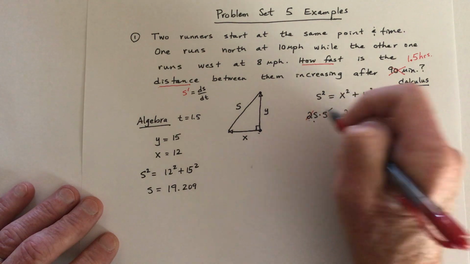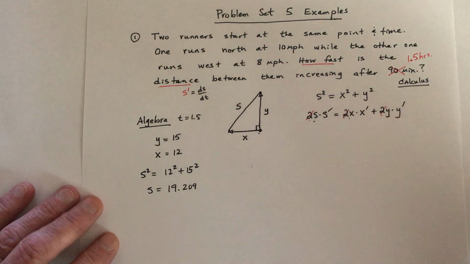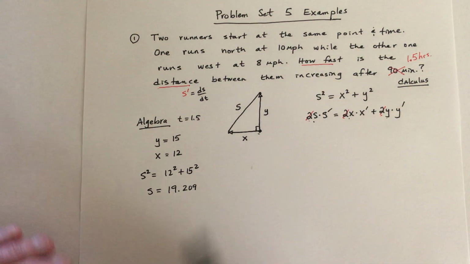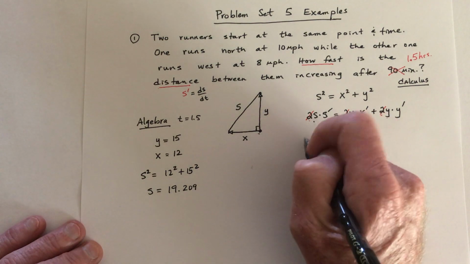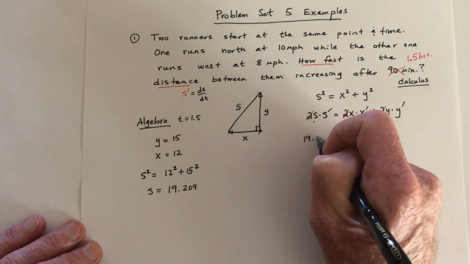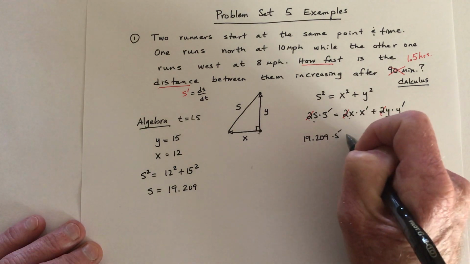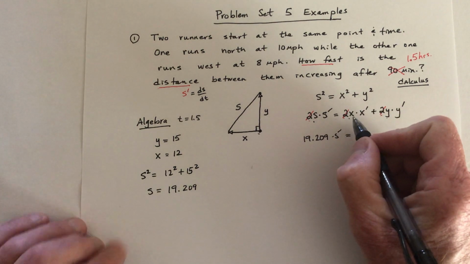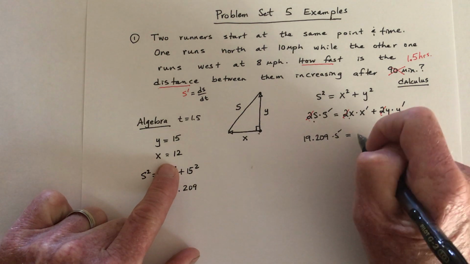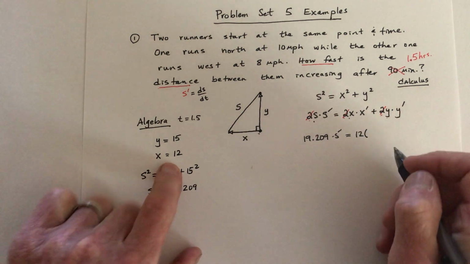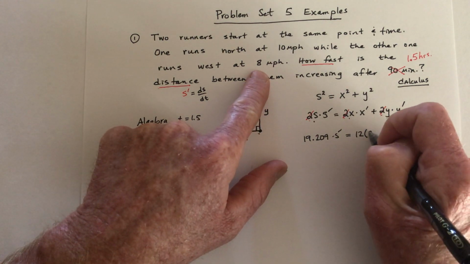Okay, so this has a 2, and this has a 2, and this has a 2. So I could actually divide by 2, and it will cancel all of those 2's. Now in place of this s, that's the 19.209, and then times s prime. And then the x, that was this 12. And the x prime is 8 miles an hour.